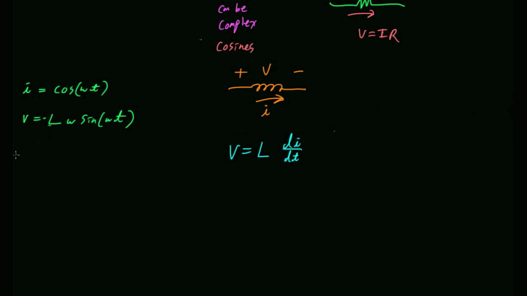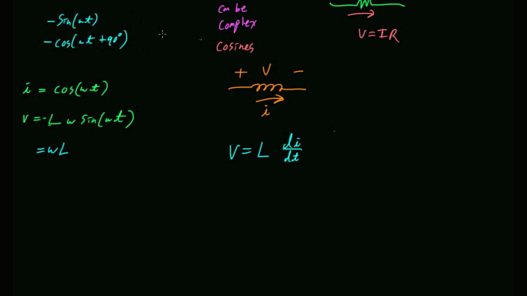So let's leave the omega L alone. But how can I write minus sine omega t as a cosine? Yes? Minus cos omega t plus 90. I don't know, is that right? No, seriously, I don't know.